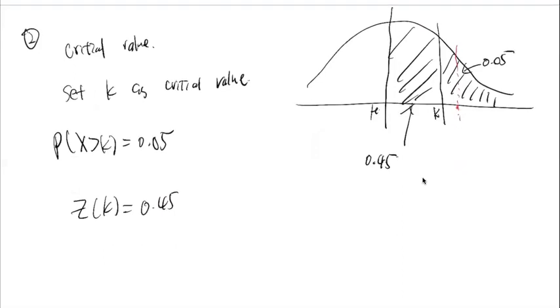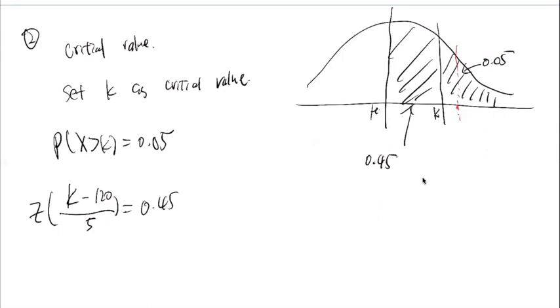Because k is our theoretical critical value instead of a value in the scope of the z-score, we first standardize it: k minus the mean, which is 120 in this case, divided by the standard deviation, which is 5. So we are kind of doing reverse engineering.